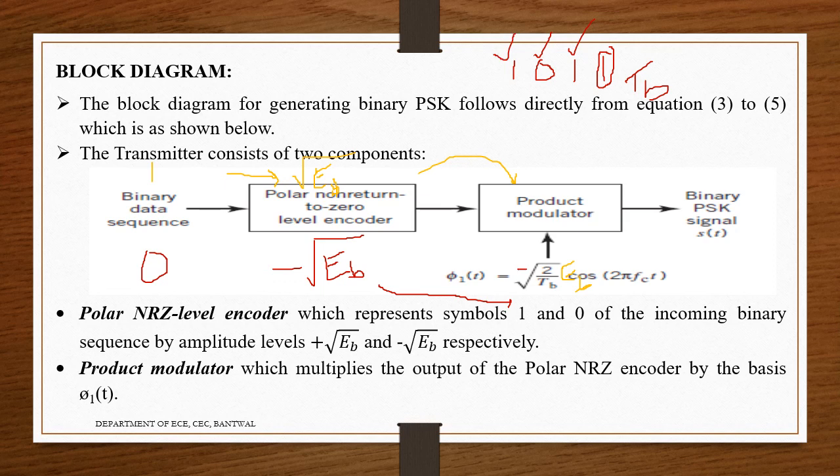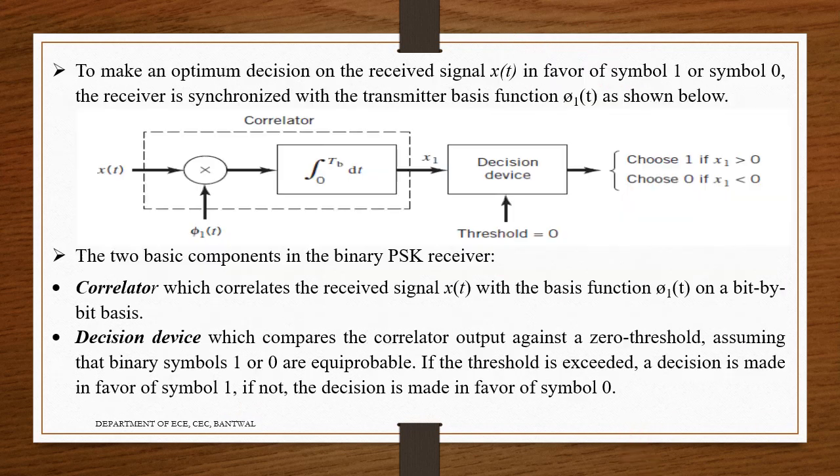This is how we do each one, and that is the role of a polar NRZ encoder. Whatever the bit, 1 or 0, the amplitude level is raised to plus or minus square root of EB respectively. Then the product modulator multiplies with the basis function and it goes into the transmission part.